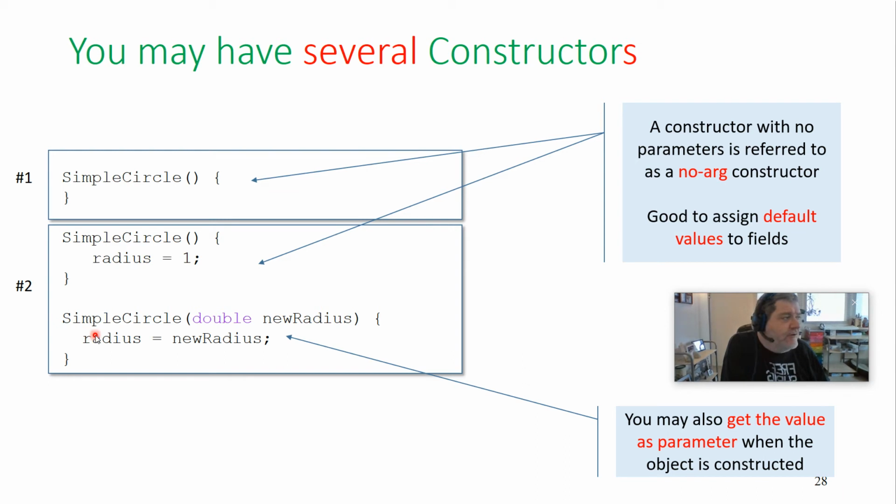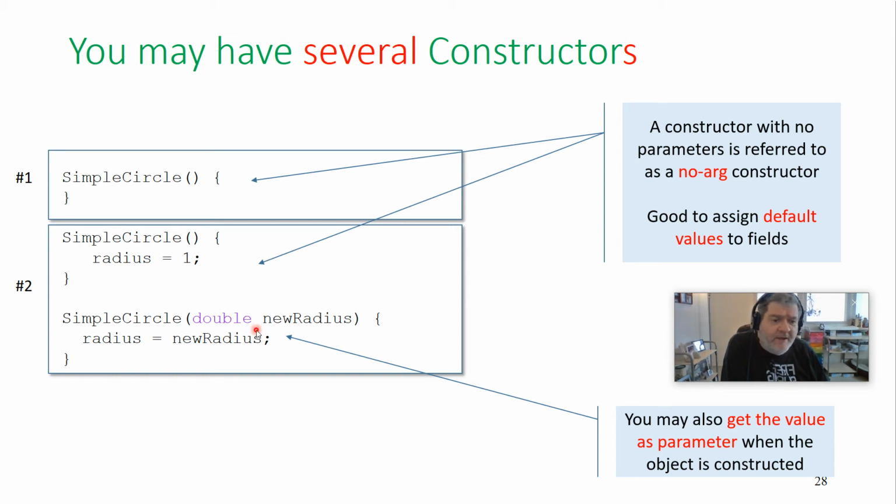And then I have a constructor that is a little bit more evolved, okay? That's going to take a parameter, an argument, and that is going to say, okay, when you call the constructor, you are going to give me a new value for the radius, and I'm going to assign it to the attribute radius. So now I have two constructors, one that takes no parameter, one that takes a parameter.